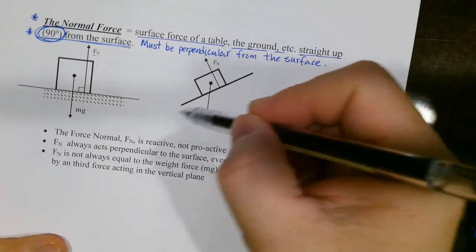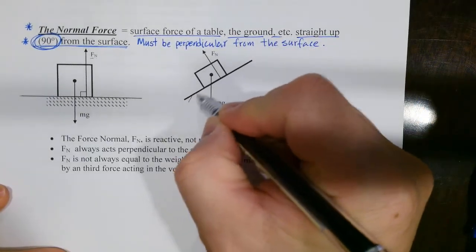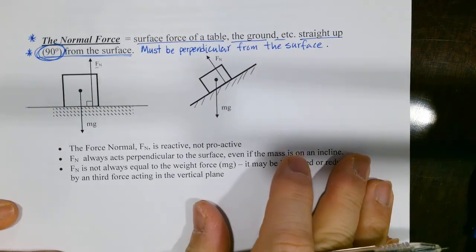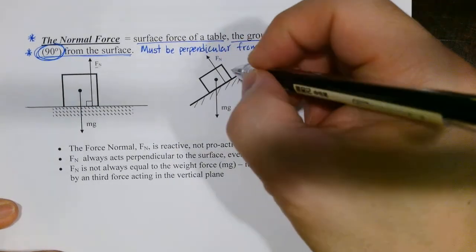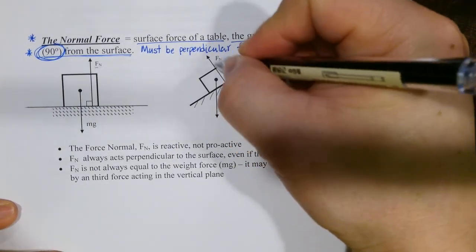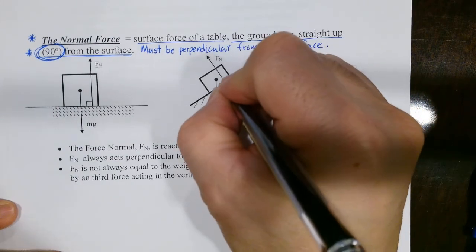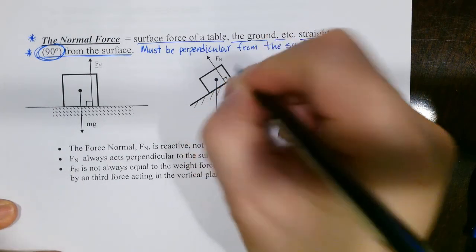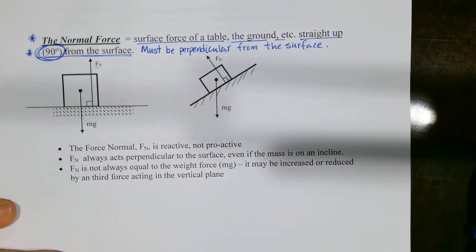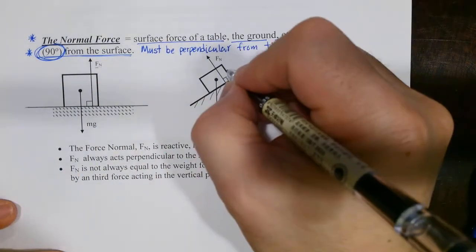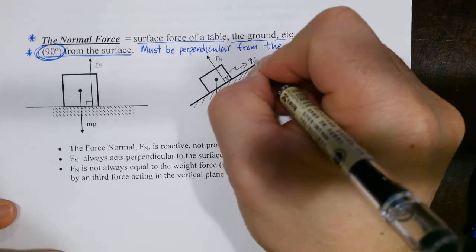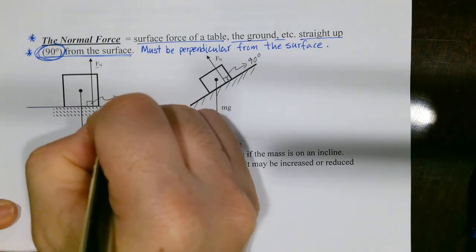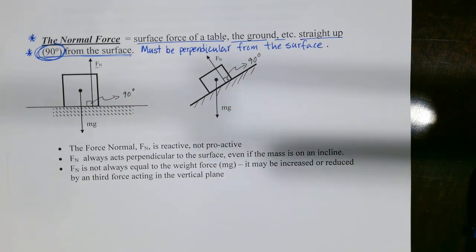If it is on an incline, like on a ramp or an incline like this, your normal force has to be perpendicular to the surface. So this right here is 90 degrees. It has to be perpendicular. It has to be 90 degrees. And so is this, 90 degrees to the surface.